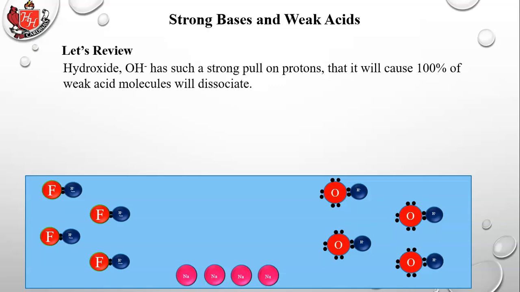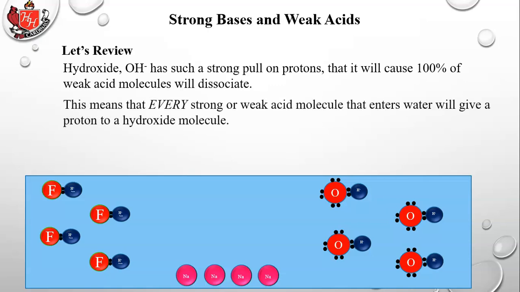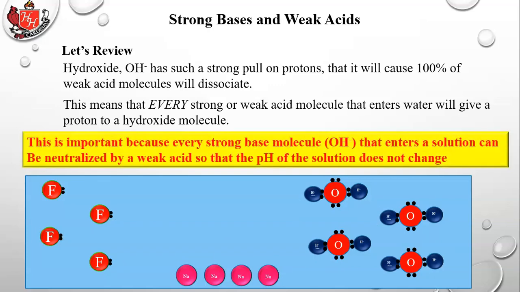So every strong or weak acid molecule that enters water will give a proton to a hydroxide molecule. So there you see that happen. And what happens to the hydroxide? It turns into a water molecule, which is neutral. This is important because every strong base molecule, OH-, that enters a solution can be neutralized by a weak acid so that the pH of the solution does not change.